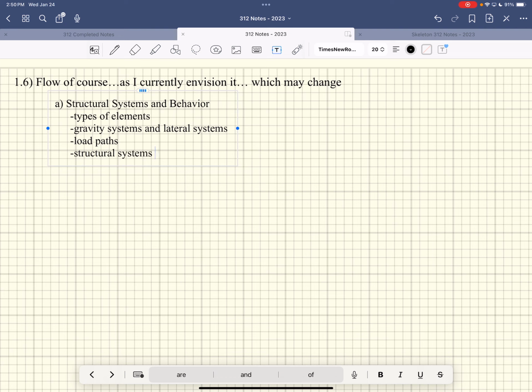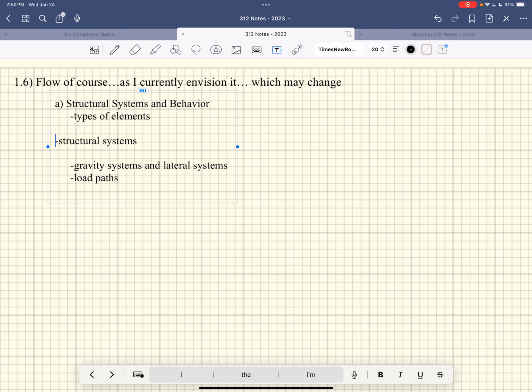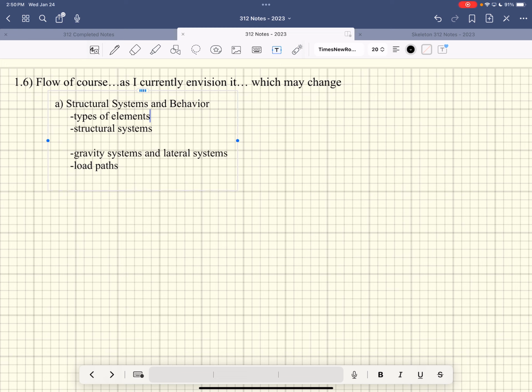Actually, not in this order. Types of elements, structural systems, gravity and lateral systems, and load paths. Yep, that's it. That's what we're going to start out with, just a basic understanding of what we're talking about here.